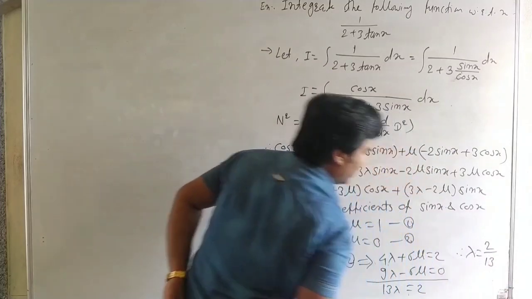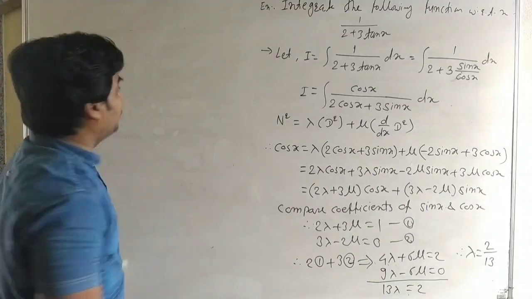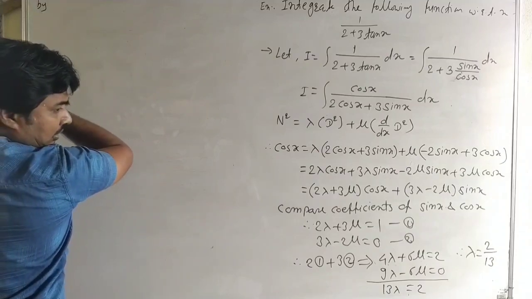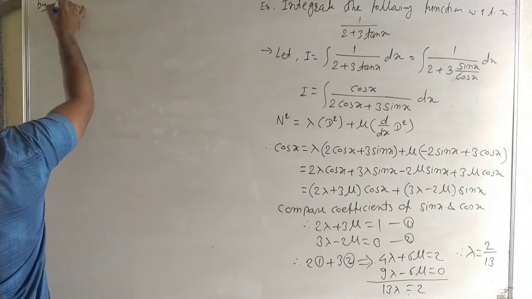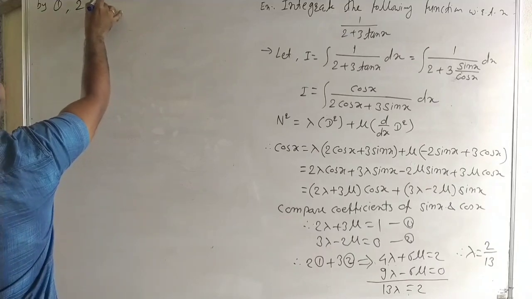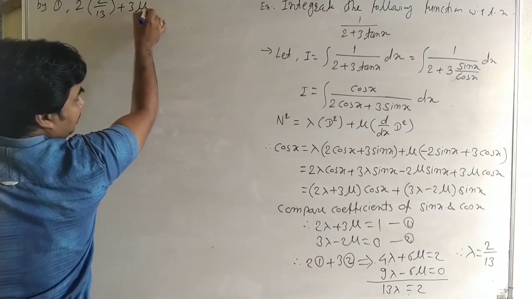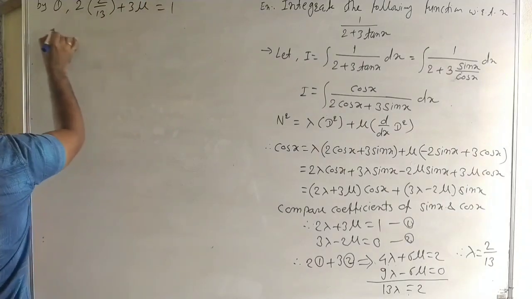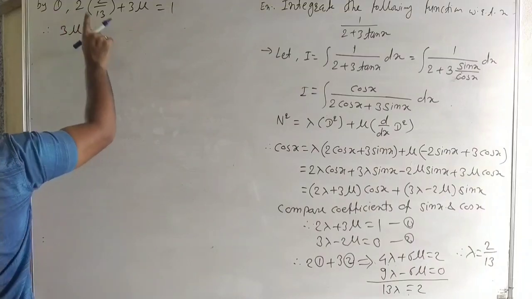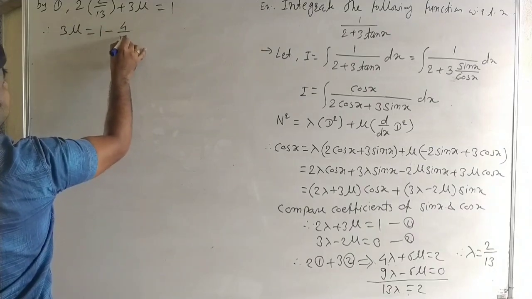Lambda is equal to 2 by 13. Now we find the value of mu by equation number 1. We get 2 into 2 by 13 plus 3 mu is equal to 1. Therefore 3 mu is equal to 1 minus 4 by 13.